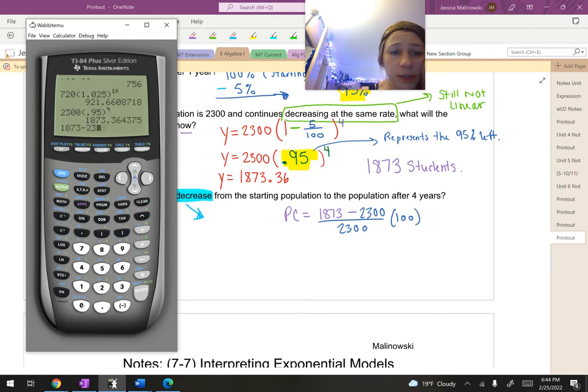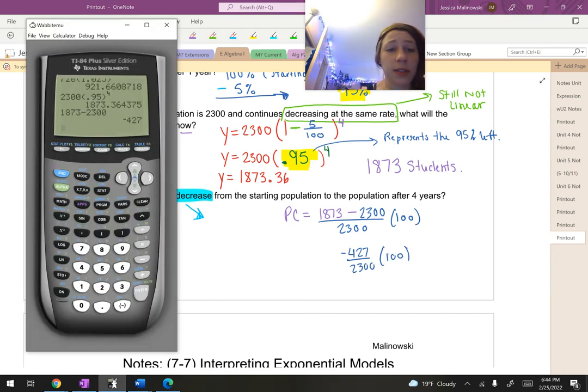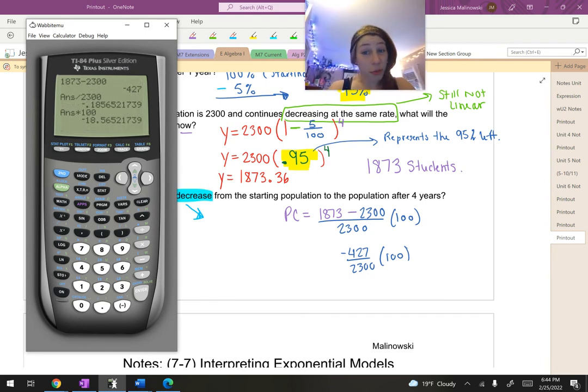1873 minus 2300. Making sense that I'm getting a negative number because we're talking about a percent decrease here. So none of this is surprising to me. This is all making sense. Divide by that original of 2300 times by 100. You want to make sure you're doing all the multiplication and division first before you're rounding. Rounding needs to be the very last thing that you do.